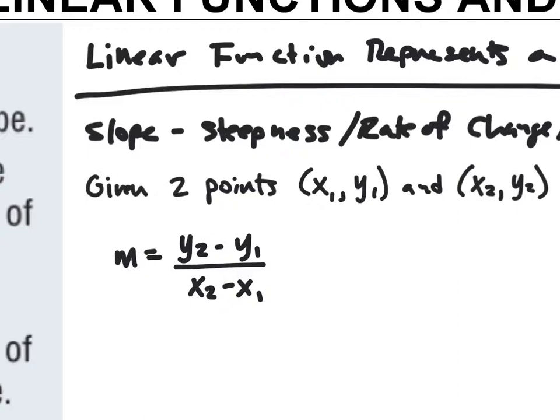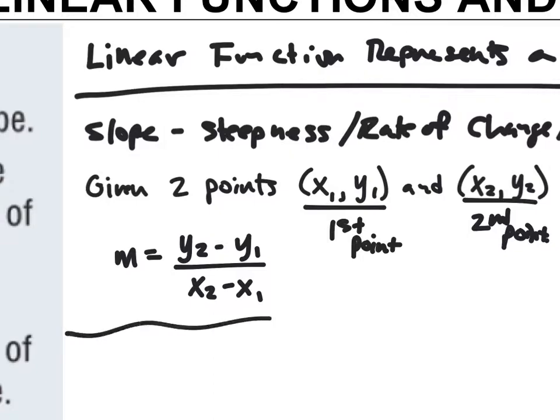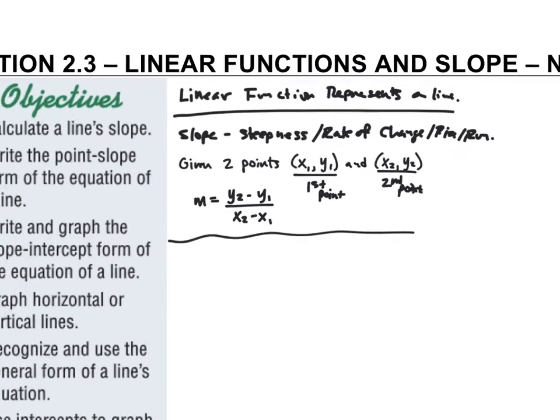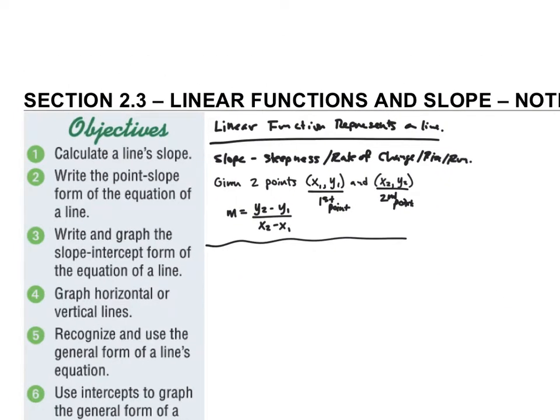When I call this x sub 1, y sub 1, this is my first point, and this is my second point. When we take those numbers and plug them into the formula, that's going to give us our slope. We've seen this before. Just wanted to make sure we got this written down.